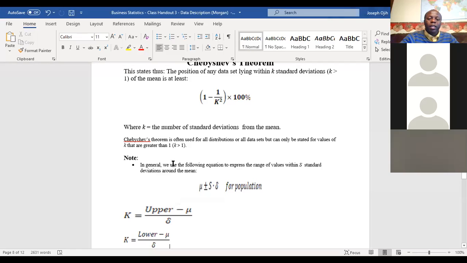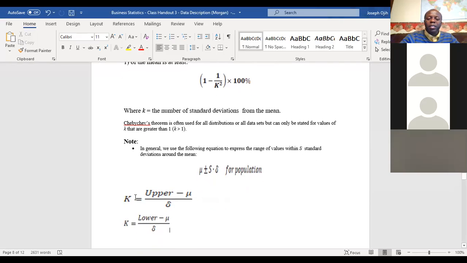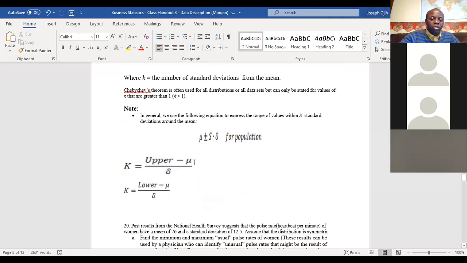Now, when solving problems that involve Chebyshev, the question will not mention anything about normality, symmetry, or bell-shape. If it doesn't mention that, that's how you know you're going to use Chebyshev. Another thing is to first estimate K, find what K is, and then plug it into the equation. Now let us see how this goes.